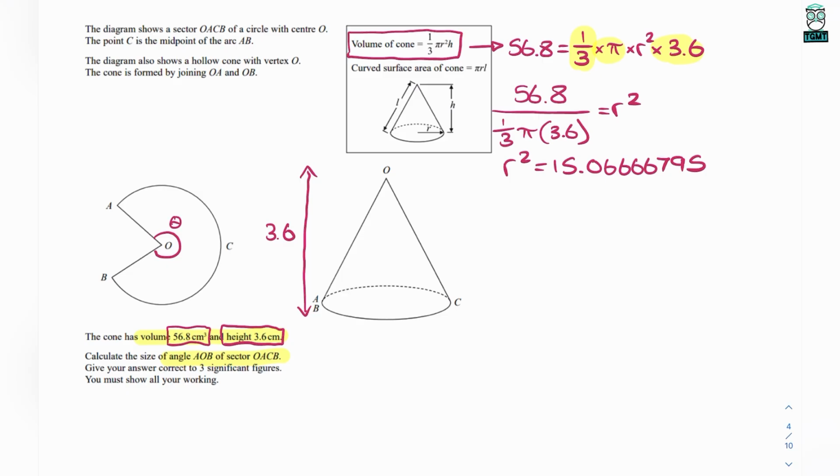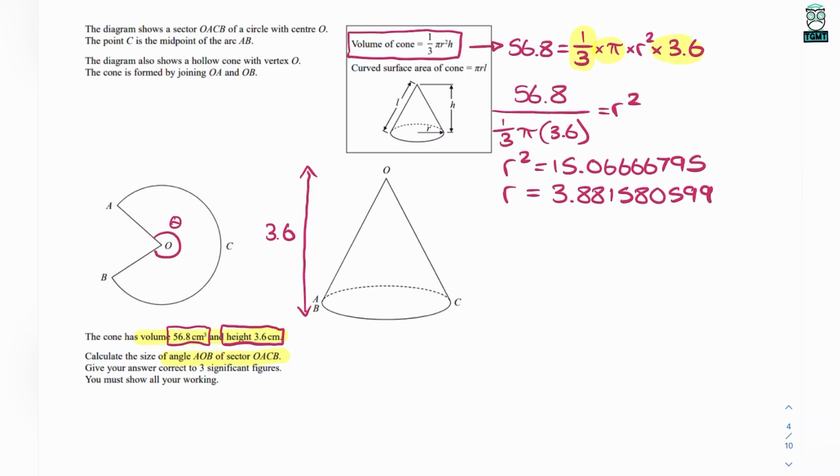And to get the value of r, we want to square root that. So if we square root our answer on the calculator, we get 3.8815805999. And there's our radius.